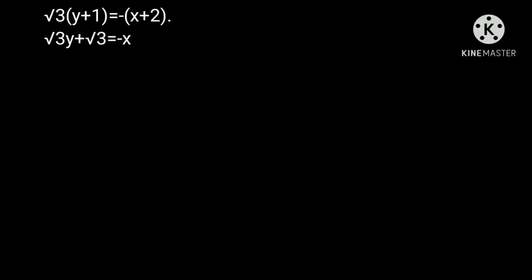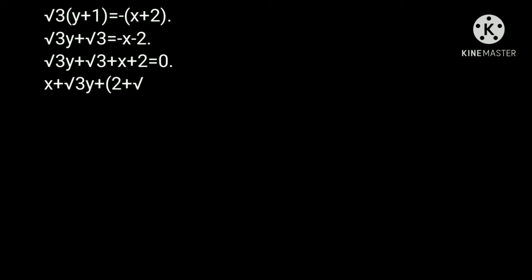Taking cross multiplication, then root 3 into y plus 1 equal to minus of x plus 2. After expanding the above equation, then root 3y plus root 3 equal to minus x minus 2. Taking all values to one side, then root 3y plus root 3 plus x plus 2 equal to 0. After rearranging the equation, then x plus root 3y plus 2 plus root 3 equal to 0.